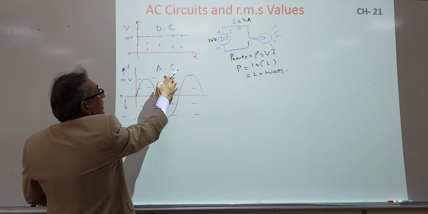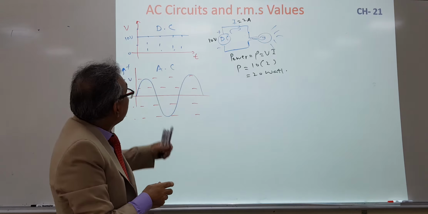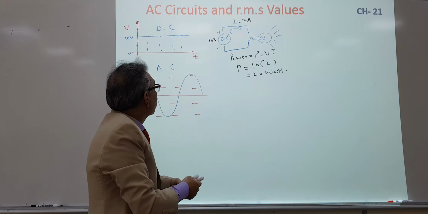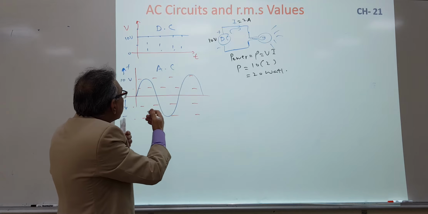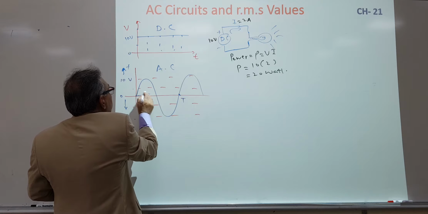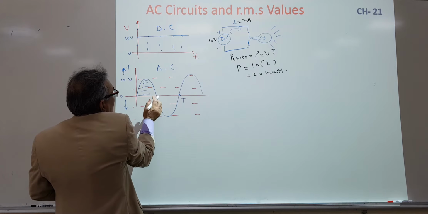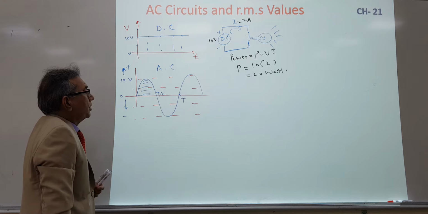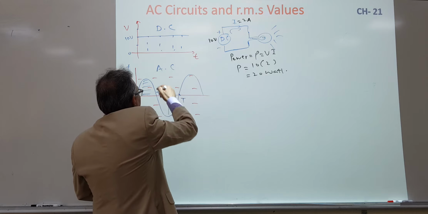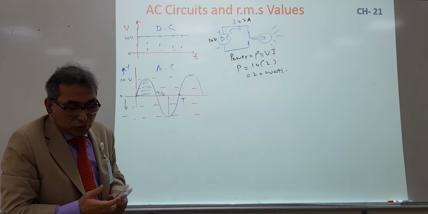AC means alternating current. Alternating means changing. The AC voltage or current reverses its direction many times a second. For example, if you have 60 hertz, from here up to here is one time period complete. This is the positive side during the first half of the time period. After that, it becomes negative. It continues positive, negative, positive, negative. This is what we call alternating current.